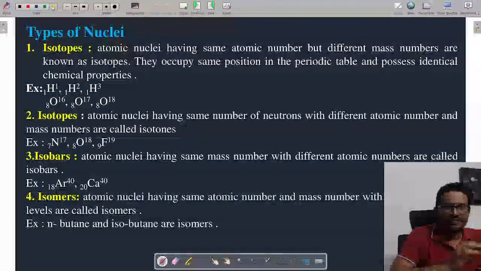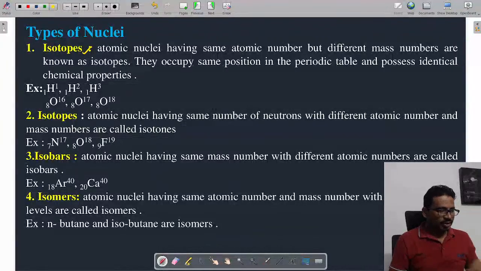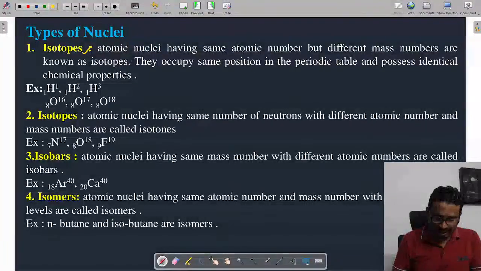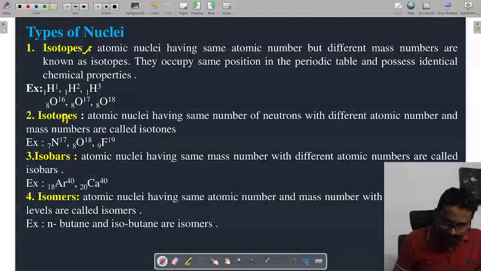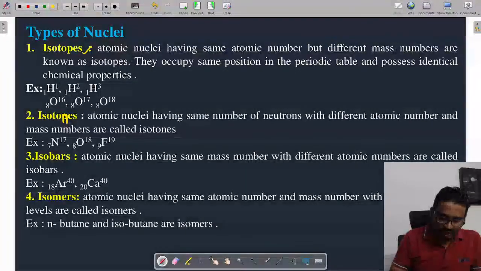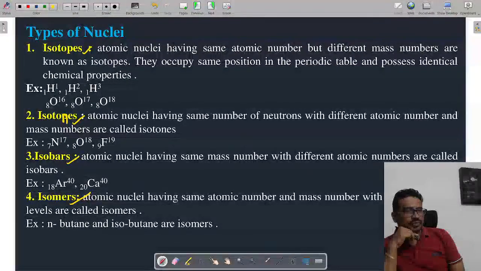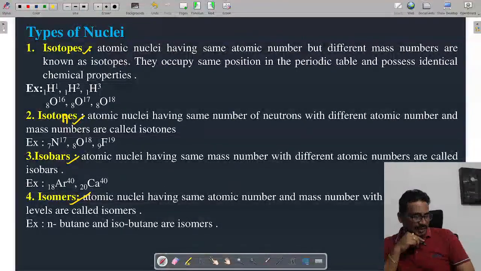One is called isotope, and the others are isotones, isobars, and isomers. Hope you might have heard these words: isotopes, isotones, isobars, and isomers.